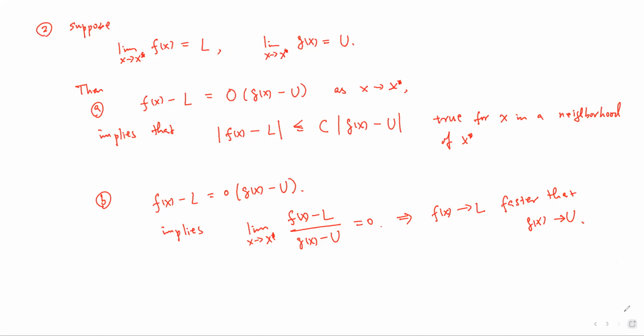Remark number 3. We have big O and little o relations for sequences. Actually, the sequences are only a special case of the big O and little o relations for functions. Why?